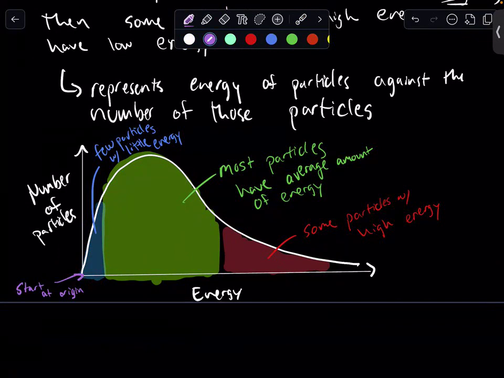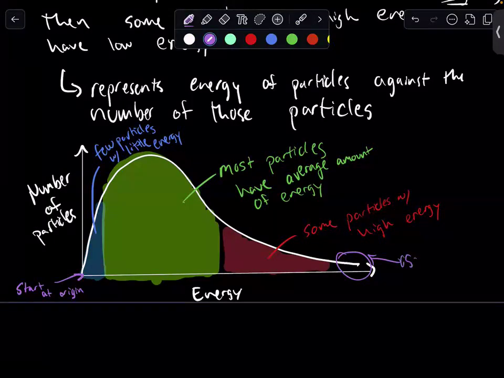Your particles probably have more than zero energy. No energy is temperature equals zero, essentially. The other key aspect here is that this end is kind of like an asymptote, because there could theoretically be one particle that just gets shot out and has crazy amounts of energy when all the other particles are putting it together. So those are two key features.